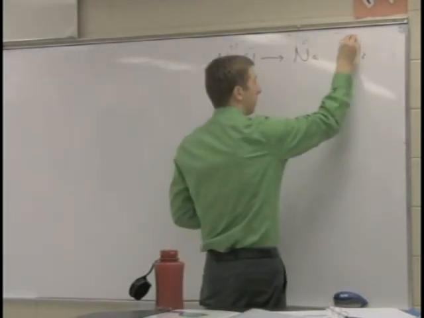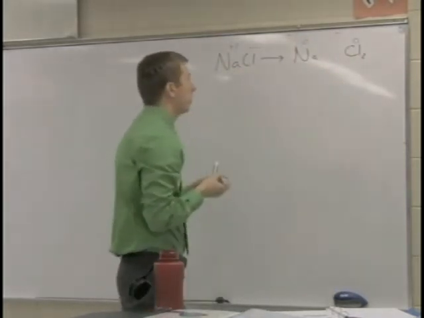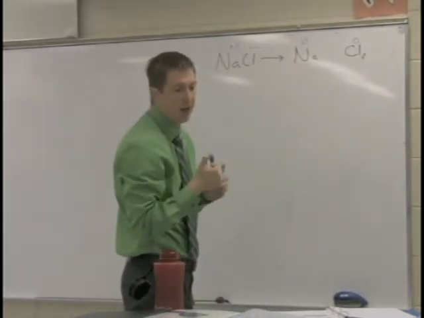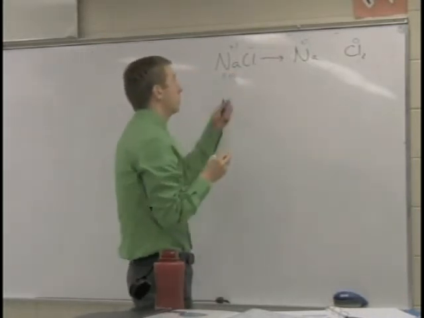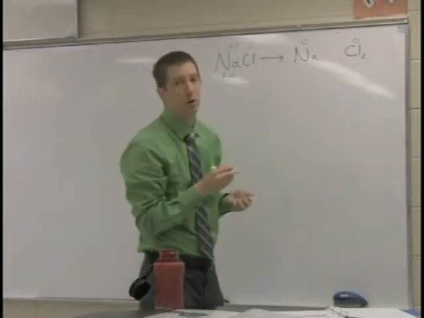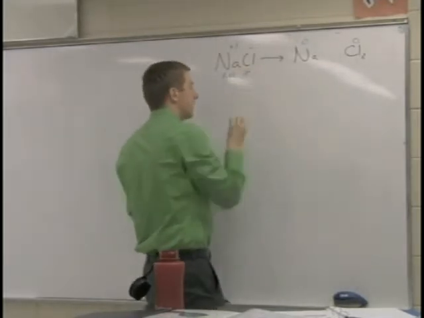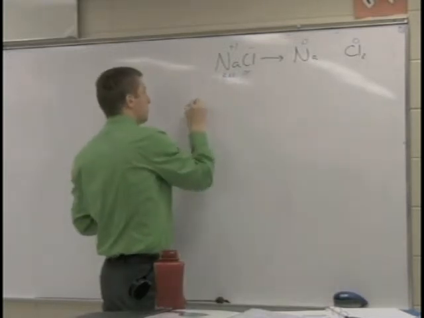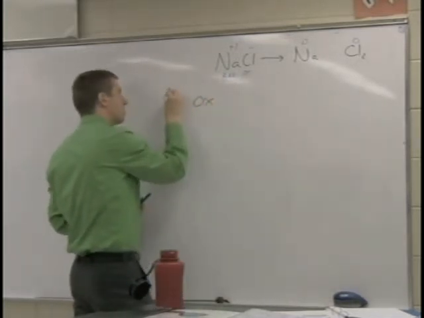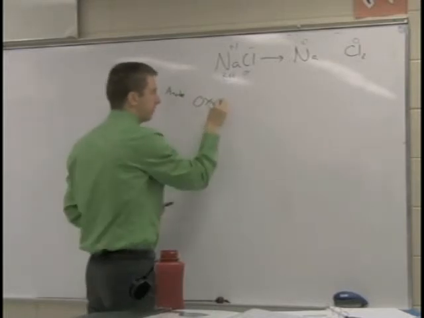These are both 0. So +1 to 0 means it must have gained an electron. Gained electron, this is reduced. Cl going from a negative to a 0 means it lost electrons. It is oxidized. So now I'm going to write my oxidation equation first, which, recall, oxidation occurs at the anode.